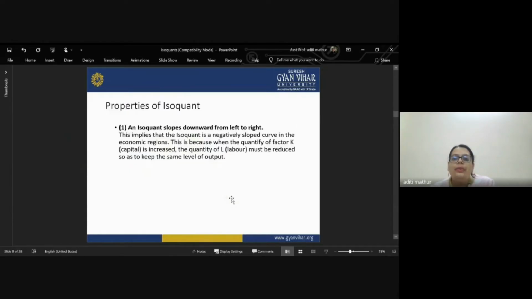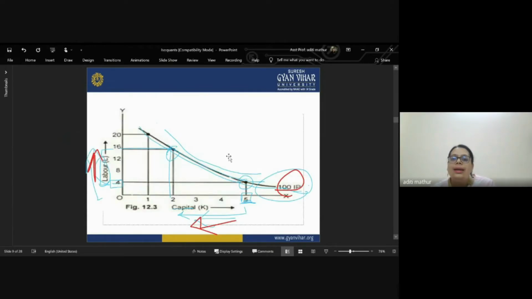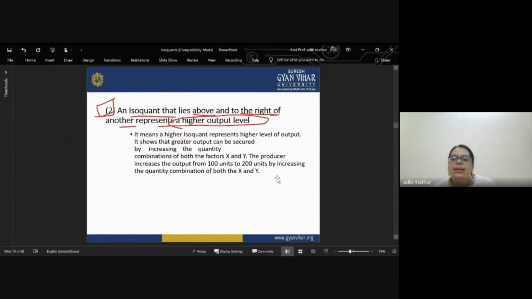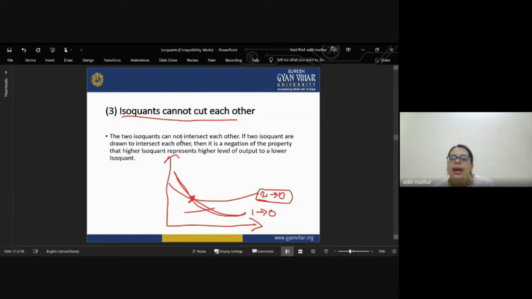We understood a few characteristics. The first characteristic was that the IsoQuant slopes downward from left to right. Then we saw that an IsoQuant lying above and to the right represents a higher output level, 100 and 200.